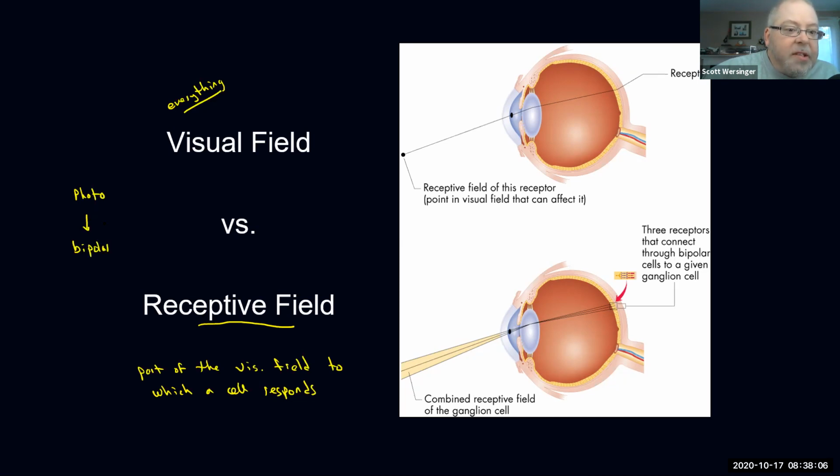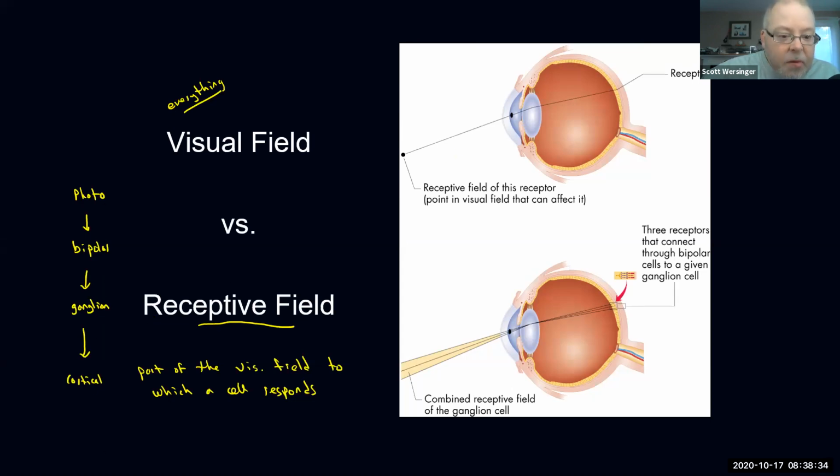So if light hits any of, say, the 3 or 4 photoreceptors that the bipolar cell is hooked up to, the bipolar cell will respond. Ganglion cells have even larger receptive fields. And then when we get into cortical cells, these have even larger receptive fields. Okay, so going from smallest to largest receptive field.